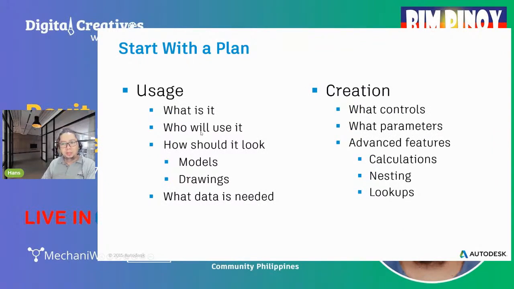Who will use it? Who should look at it? What will it look like, and how will it be presented in your model or in your drawings? And what data is important? What is needed on that?